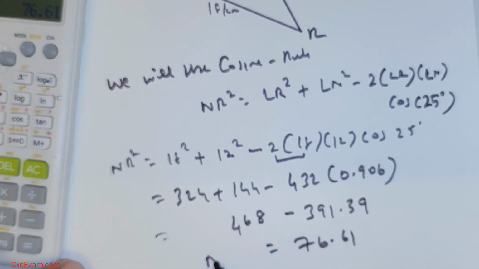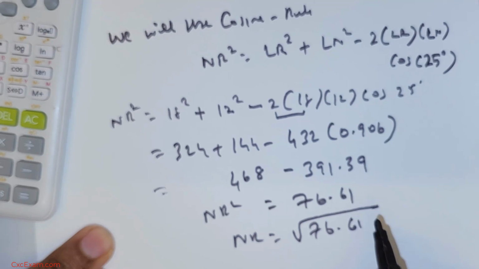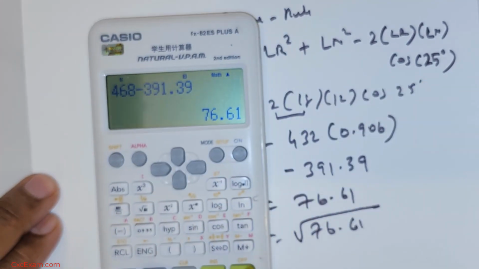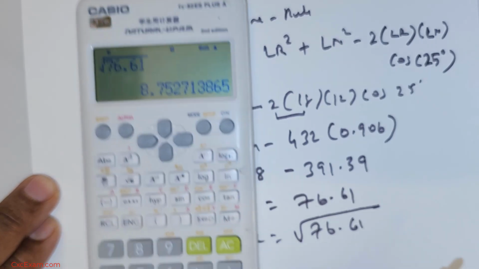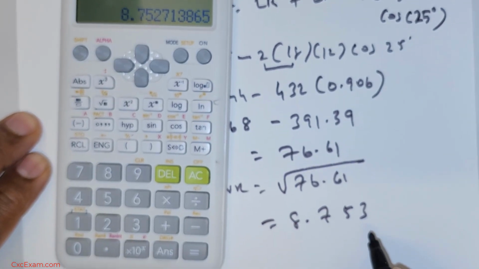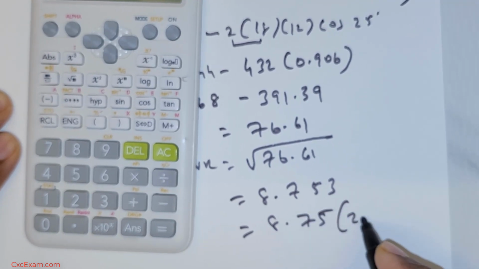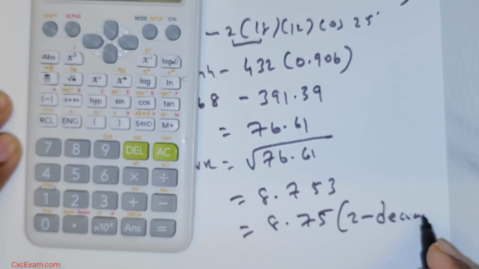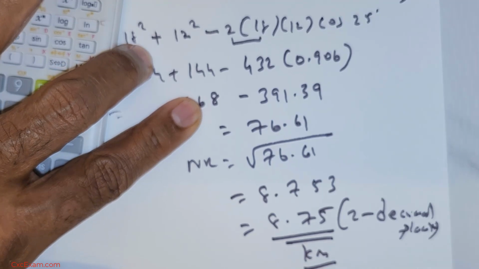Now this is NR squared, so NR is equal to the square root of 76.61, that is giving us a value of 8.753. 2 decimal places is going to be 8.75 km.